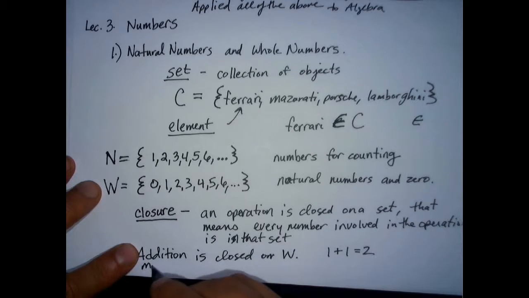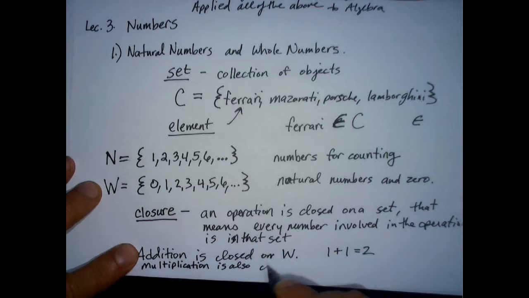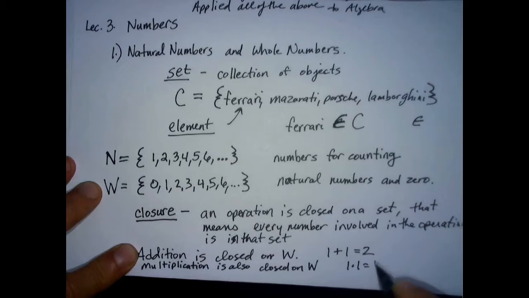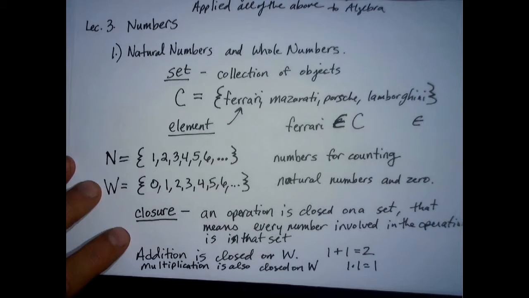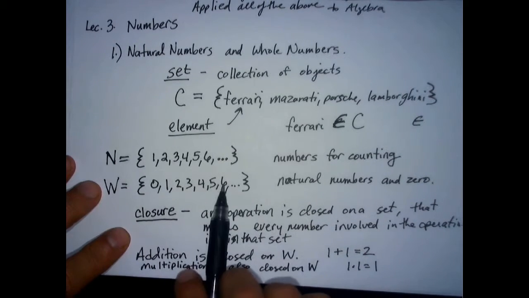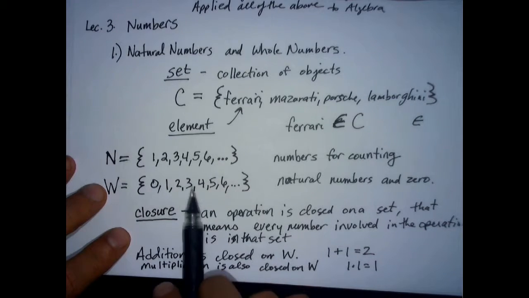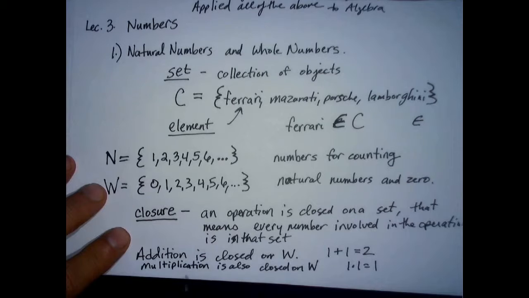Multiplication is also closed. 1 times 1 is 1. 12 times 1 is 12. Any number that you pick in here that you multiply will end up in this set. That's what closure means. Okay, does that make sense?